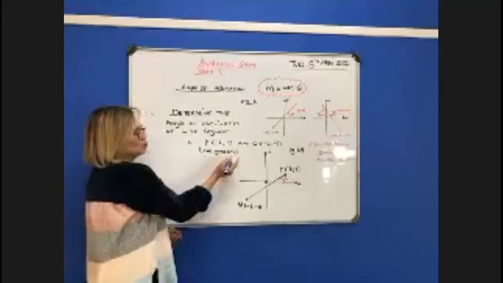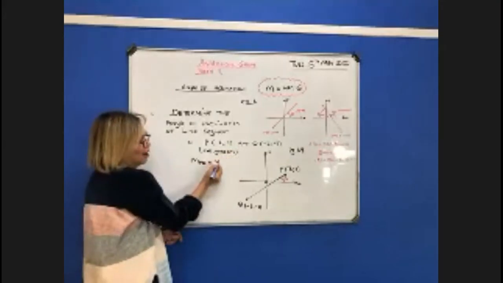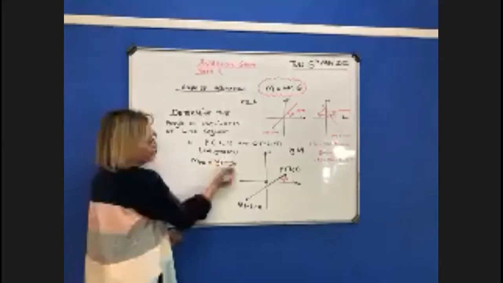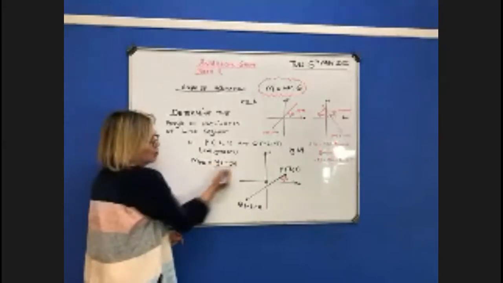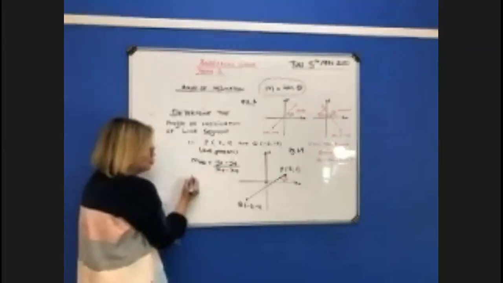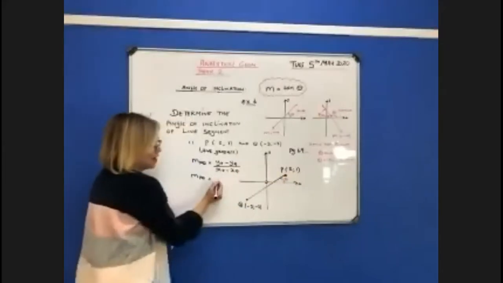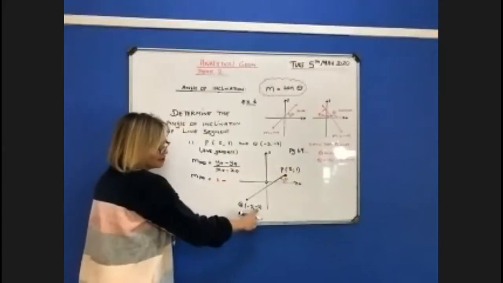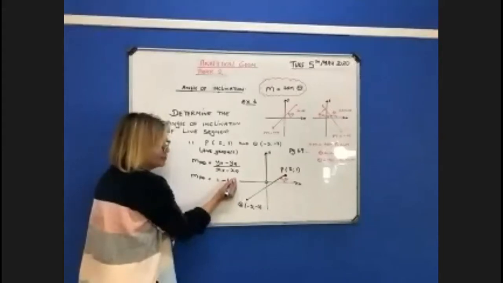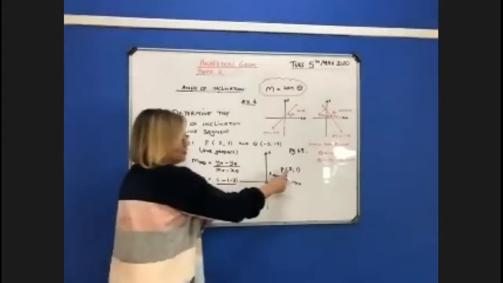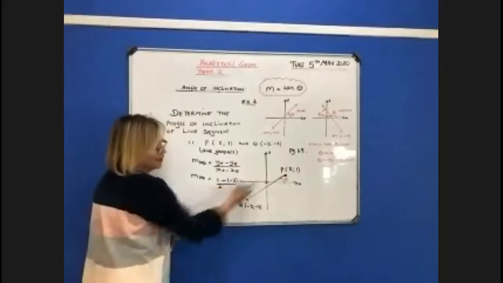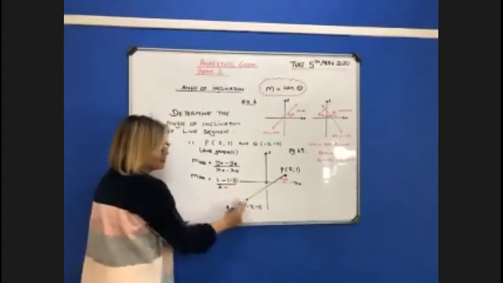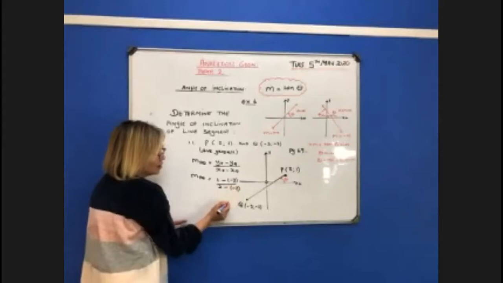Then you will see by doing the gradient of PQ, remember you go y of, let's say, P minus the y of Q over the corresponding x of P minus x of Q. So I'm going to take 1 minus minus 3, be careful when you minus a minus, over the x value, 2 minus minus 3.